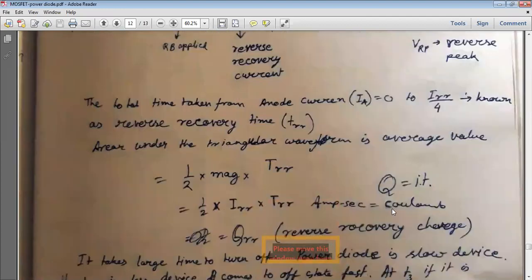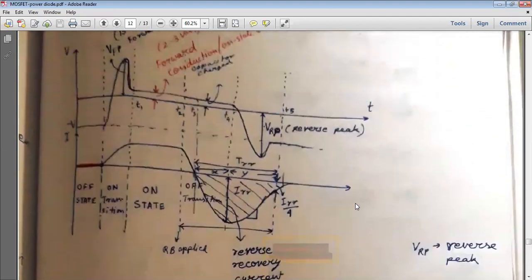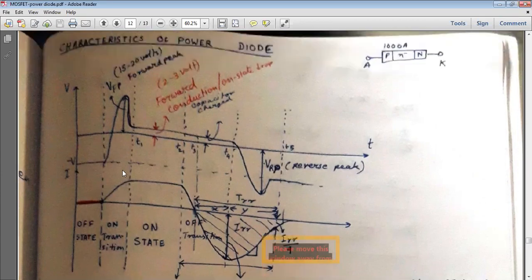Okay, so now we will discuss these characteristics. Characteristics means the voltage and current characteristics.